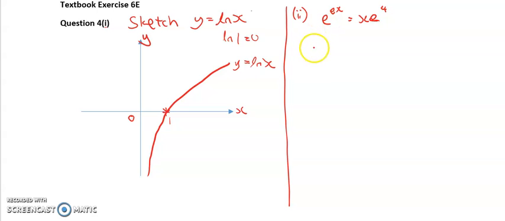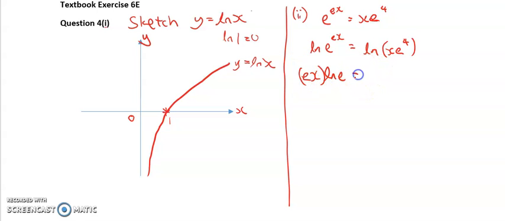So we can take ln on both sides, since we see base e on both sides. ln of e to the power x equals ln of x times e to the power 4. For the left-hand side, we can use the power law to bring down the x, giving x times ln e.